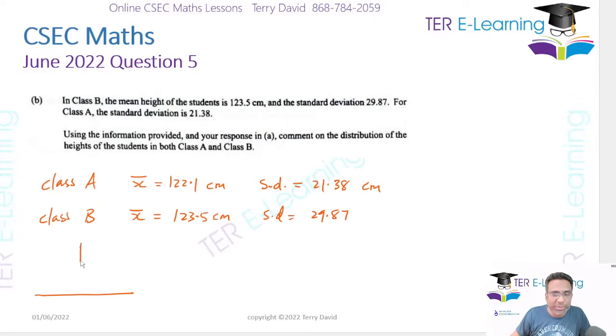Now, when they speak about distribution, this is your mean. Let's do class A. Your mean for class A is 122.1 and the standard deviation is 21.38. What does that mean in terms of your distribution? Standard deviation is your spread, or better yet, your deviation from your mean.